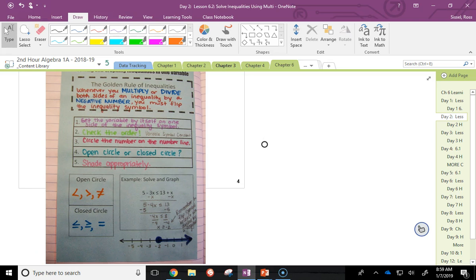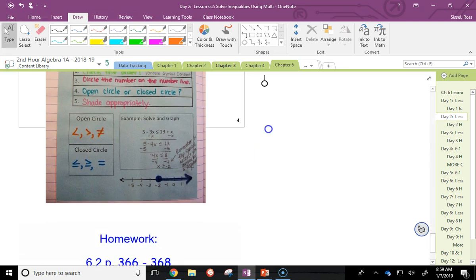Depends whether it's greater than or equal or less than or equal, or if it's just greater than or less than. And then you shade it appropriately. We use the open circle when it's less than, greater than, not equal. We use the closed circle when it's less than or equal to, greater than or equal to, or equal to. And then they did an example.